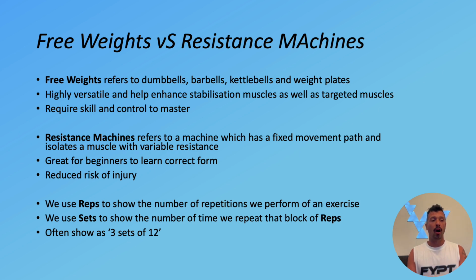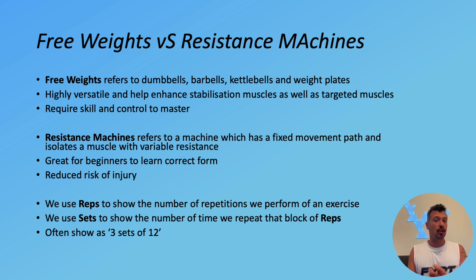Resistance machines are great for beginners and for people who want to isolate muscles specifically. They are usually big, heavy machines. They limit your path of movement, so you can only go in a certain path.